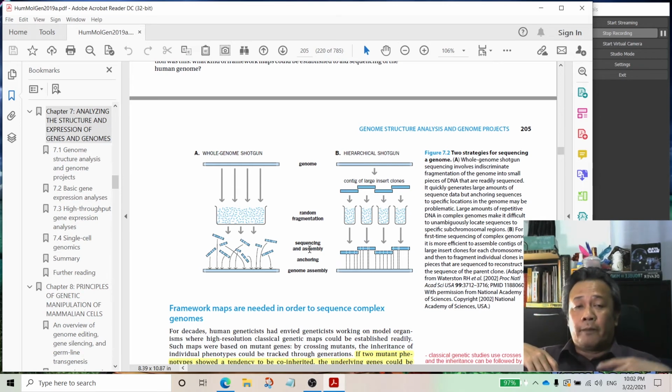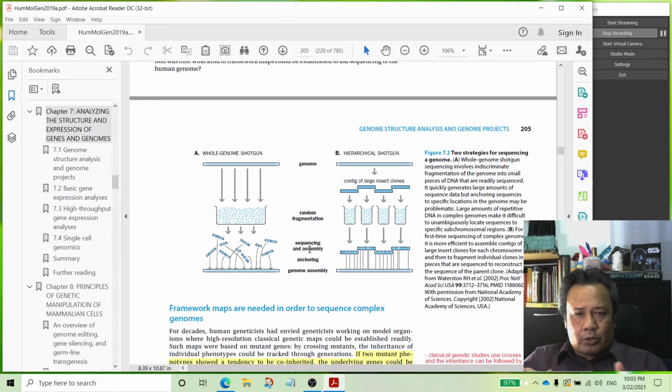But when you're dealing with human DNA, you have multiple different chromosomes, so you cannot use the whole genome shotgun. Whole genome shotgun is doable for a bacterial chromosome. When you isolate it, you have just one chromosome, and you chop it up, sequence everything, and paste them back together again, no problem.